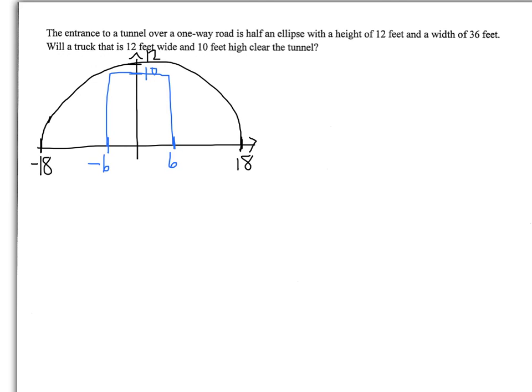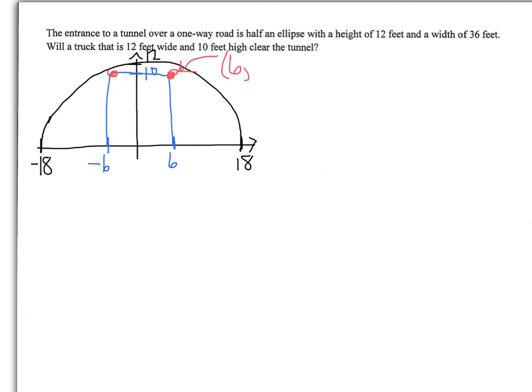Now it looks like from this sketch, yeah, plenty of room. But we need to verify mathematically if that's true. I need to check, are the corners of that truck truly inside the tunnel? As a coordinate point, that corner of the truck will be at (6, 10).